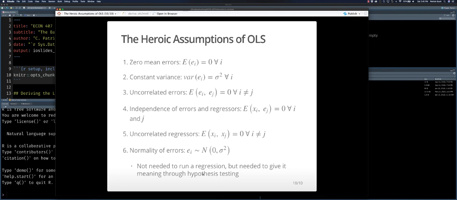Number 4, there's independence between the error term and the regressor. So we have our individual errors and we have our regressors. There should be no relationship here. Economics is terrible about this. There is correlation between error terms and regressors all the time.